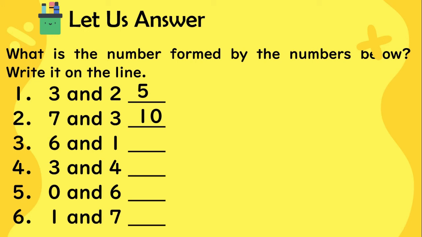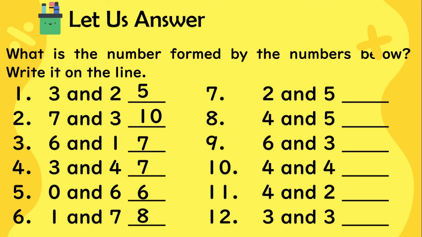Number 3, 6 and 1. That will be 7. Number 4, 3 and 4. That will be 7. Number 5, 0 and 6. That will be 6. Number 6, 1 and 7. That will be 8. Very good.